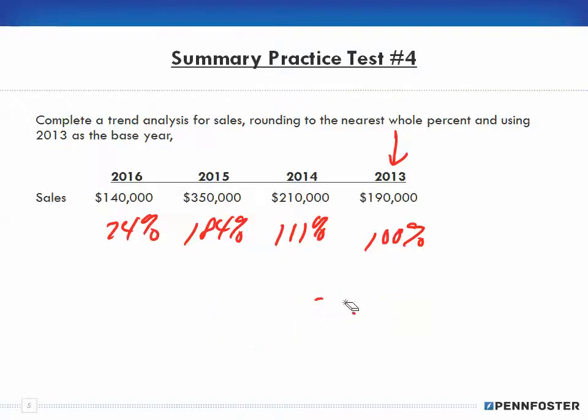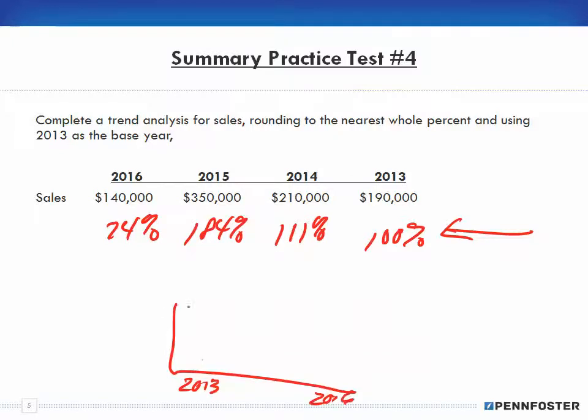So for the trend analysis, what's our trend here? Well, we're looking at our numbers, and if we were graphing this out, and that's why you create the numbers, in order to be able to create a graph. If this is 2013 and this is 2016, and we're taking percentages here, I'm going to label this as 100%.